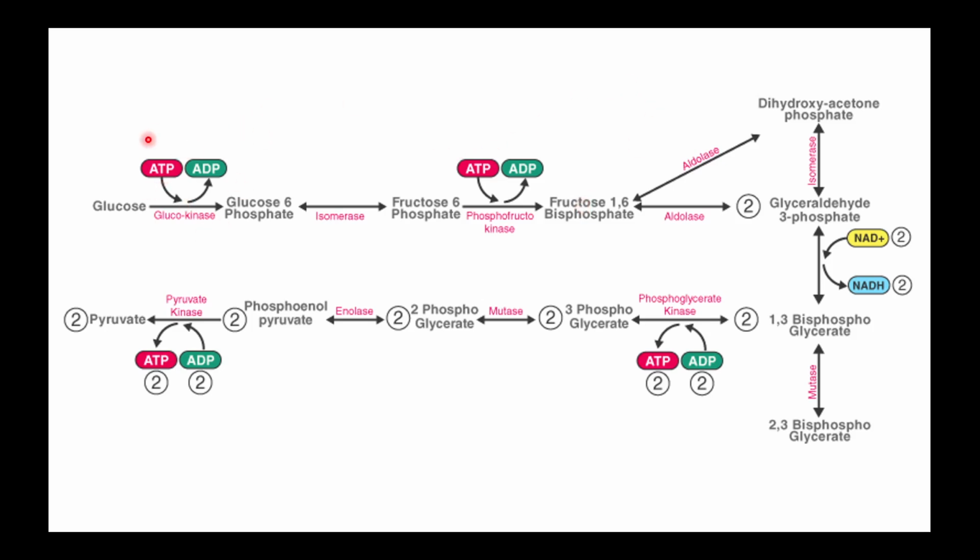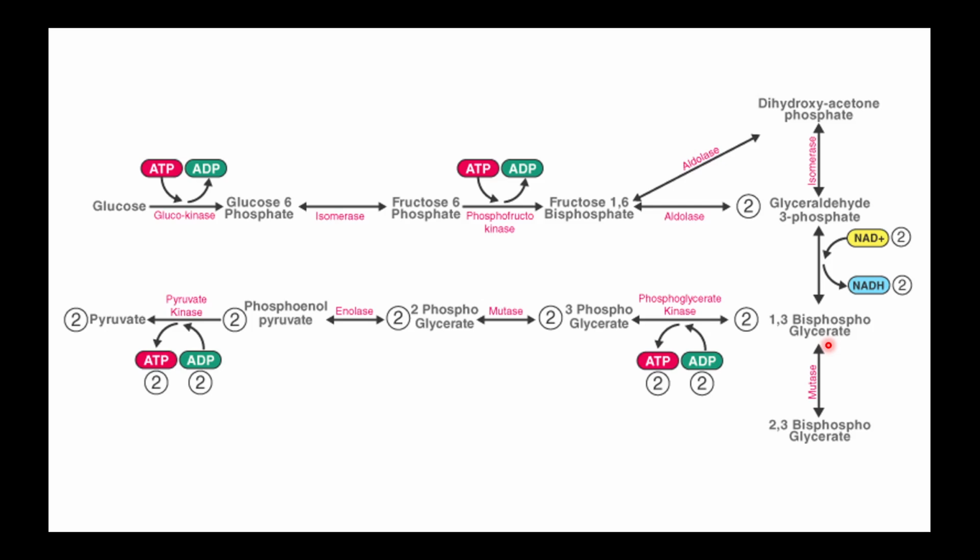In the first step, one ATP is getting consumed. In the third step also one ATP is getting consumed. Now, in this step you see two molecules of 1,3-biphosphoglycerate, and it is getting converted into 3-phosphoglycerate. One molecule of biphosphoglycerate will give one phosphate to one ADP.